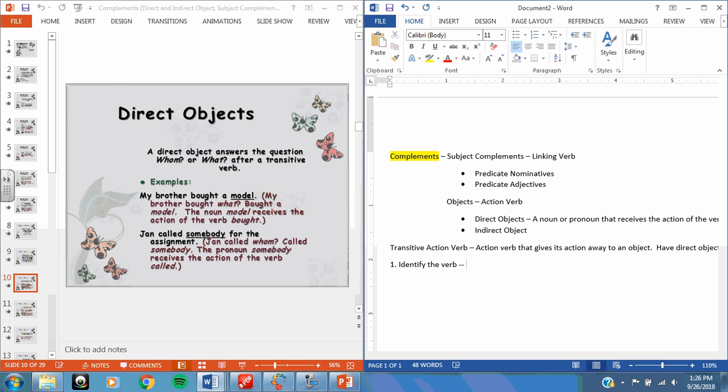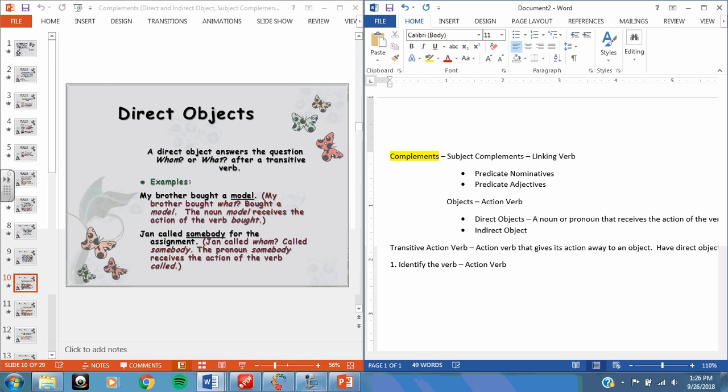If you have an action verb, you know that you could have a direct object. Just because a sentence has an action verb does not necessarily mean it will have a direct object. But all sentences that have direct objects will have action verbs.